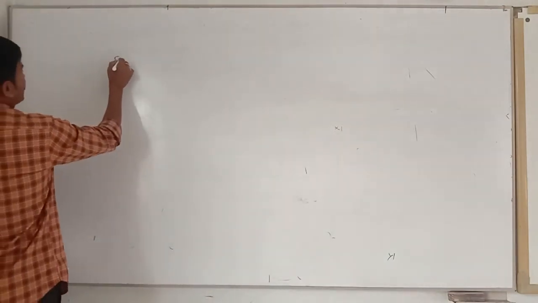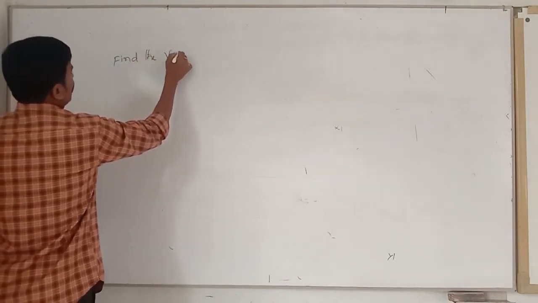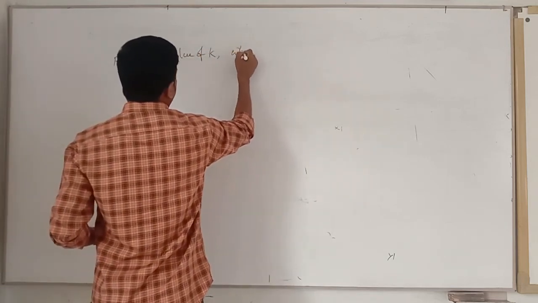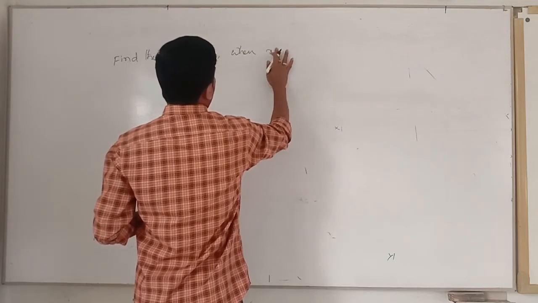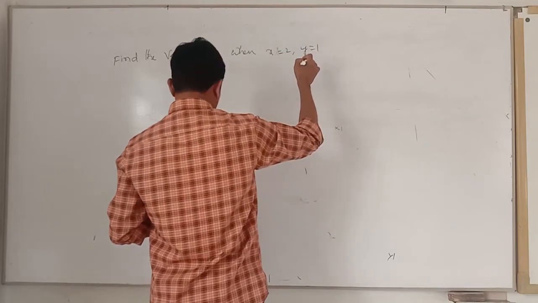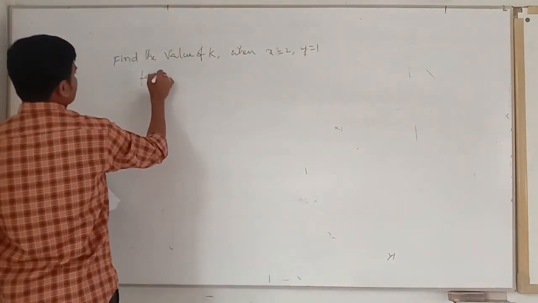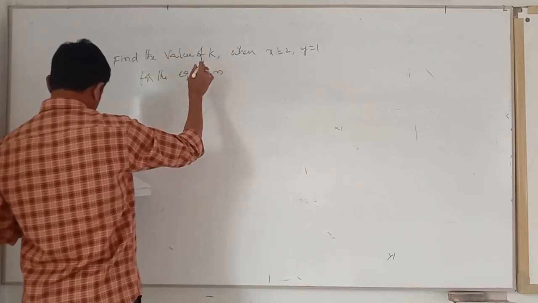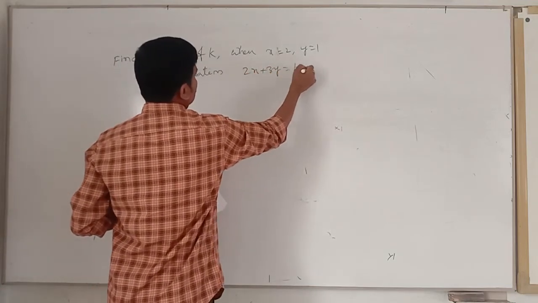Find the value of k when x equals 2 and y equals 1 for the equation 2x plus 3y equals k. This is the question.